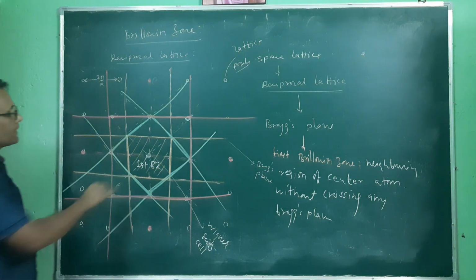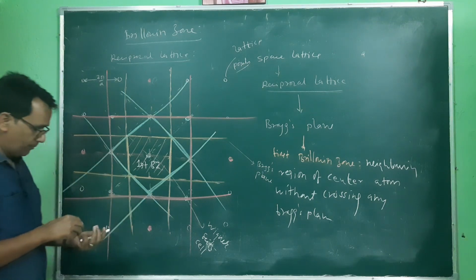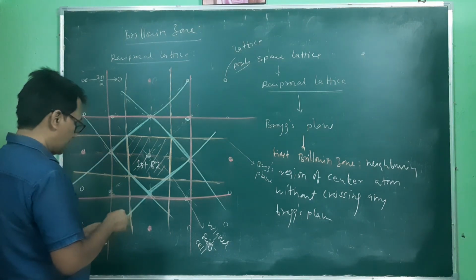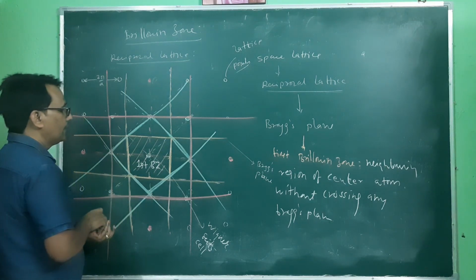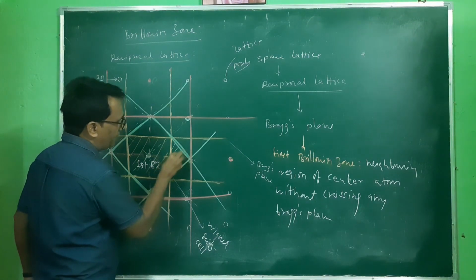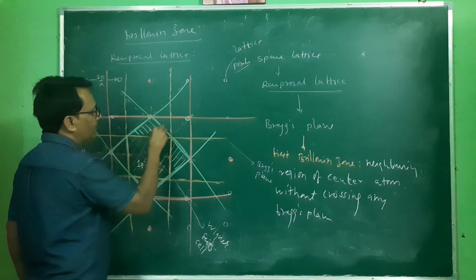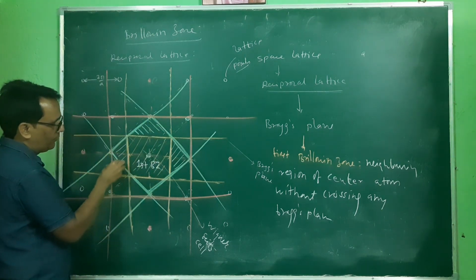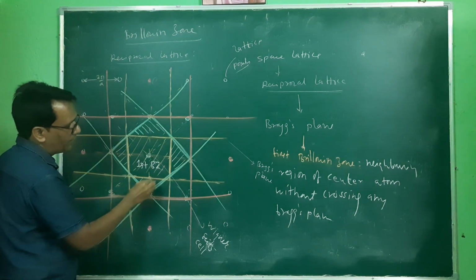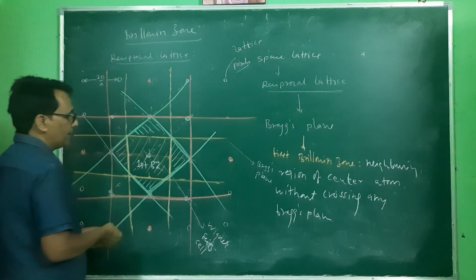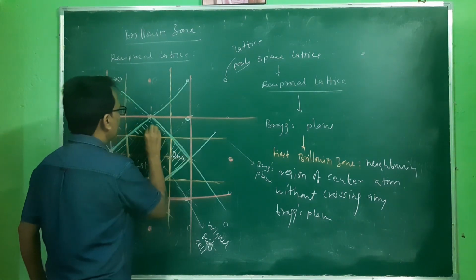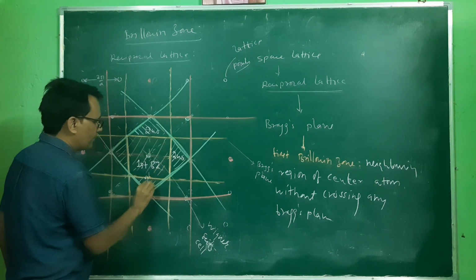And when we cross this first set of Bragg's planes, we have the second region. Here, this one is the second, and next this is the second one, this is the third one, and this is the fourth one. So these are the second Brillouin zone. The second Brillouin zone is the region just after crossing the Bragg's plane of the first Brillouin zone, but before the second set of Bragg's planes.